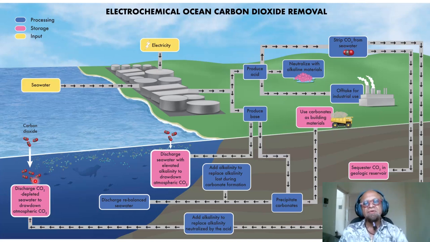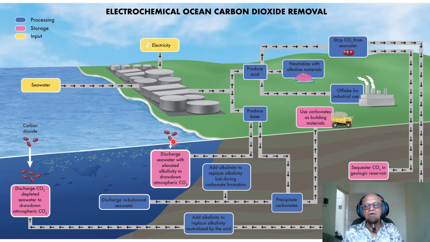So there are details with each of these in the document, but I'm just going to use the info brochures, infographics to discuss these. So if you want to follow up, you can follow up. So the other part with the base fluid or enhanced alkalinity, again, you discharge seawater with elevated alkalinity to draw down atmospheric CO2.